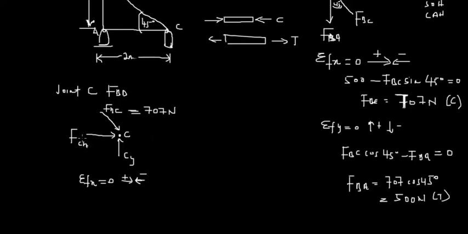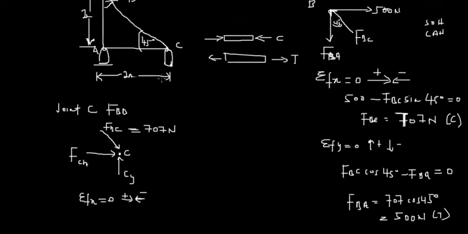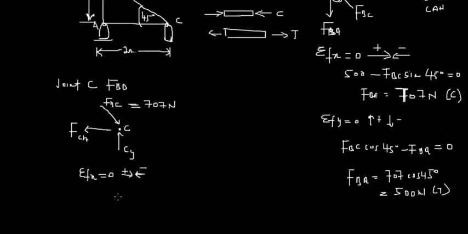FCA is moving towards the right, but let's just make FCA moving towards A so that the understanding will be better. When FCA is moving towards A, it means that FCA is negative.